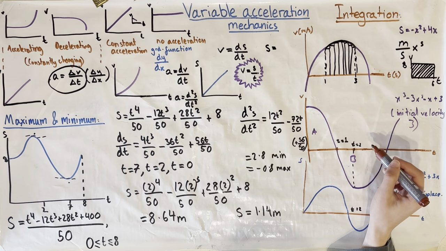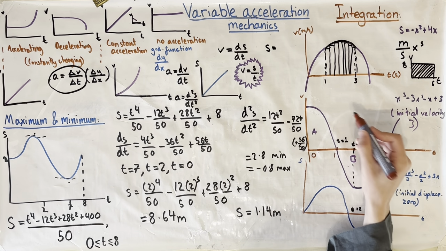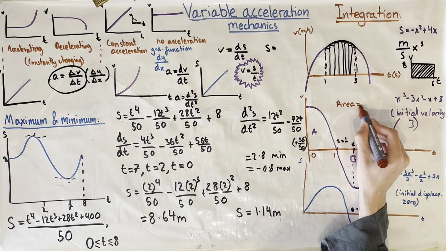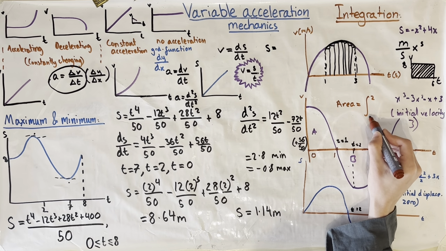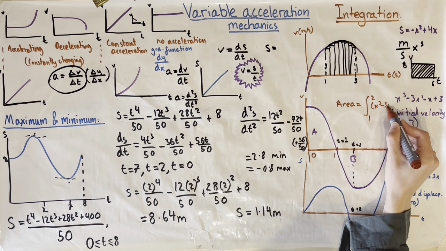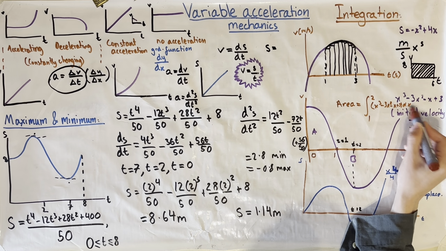And we can see that if we integrate from 0 to 1 here, so that's the area equals the integral to 1 of x cubed minus 3x squared minus x plus 3 dx.